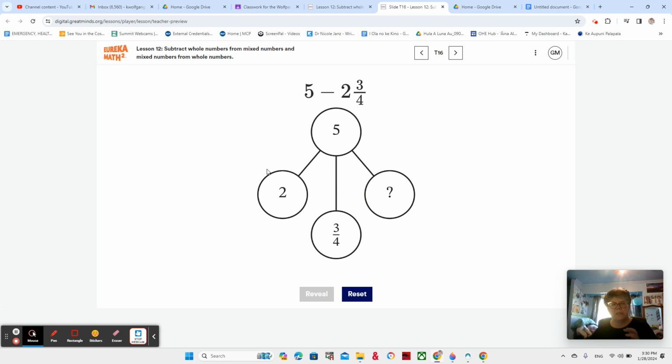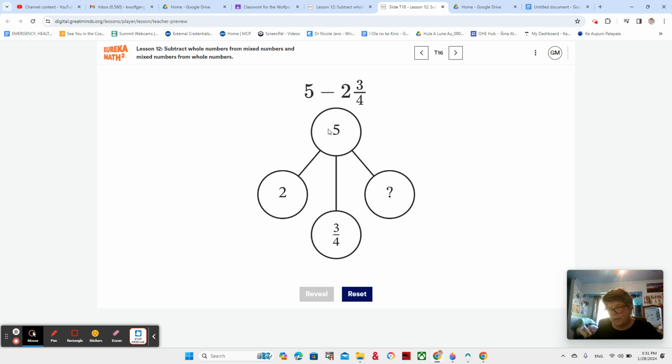So I have 5 pizzas and I'm giving away 2, and then I'm giving away 3/4. So this one is going to be a little bit different. The subtrahend, which is the second number that's being subtracted, can be decomposed any way and into as many parts as we need. So we could break our 2 3/4 into 2 and 3/4. But how do we know what to subtract first?